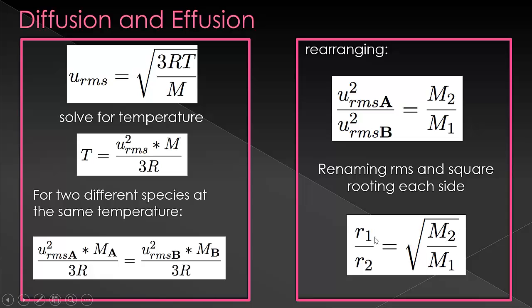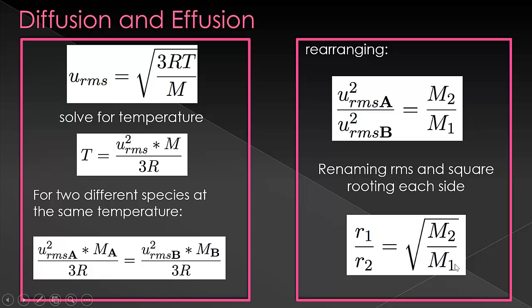Now notice these are inversely proportional, right? So we have R1 here and M1 here. That comes from this rearrangement of this. You would divide that down here and divide this down here. So this is saying the same thing that we've already said multiple times, but now relating it to effusion too.